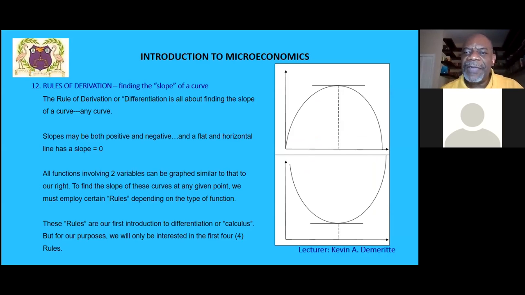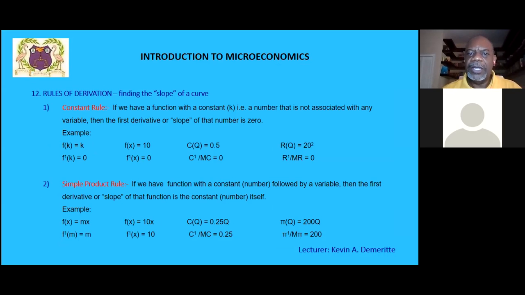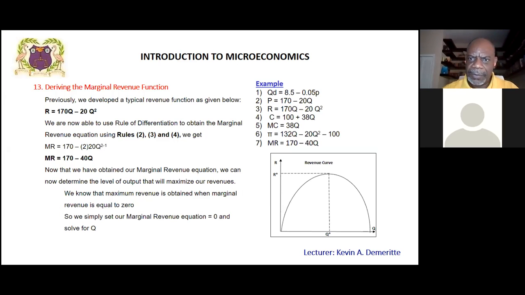Now, everything after this is how we go about doing that. So what we're interested in is, we said, we have all these functions. And the slope of these functions is how much one variable changes when the other variable changes. How much revenue changes when output changes.